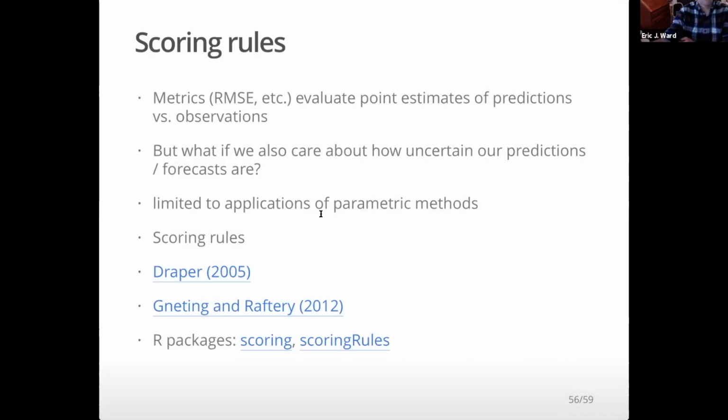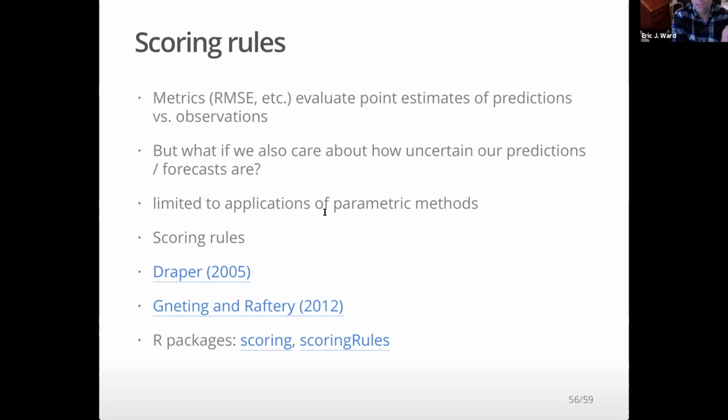All right, so that's the MACE statistics, and the last family are these things called scoring rules. And so if we think about what the mean squared error or RMSE is doing when we're evaluating predictions, what we're evaluating is the difference in our prediction versus our observed data.